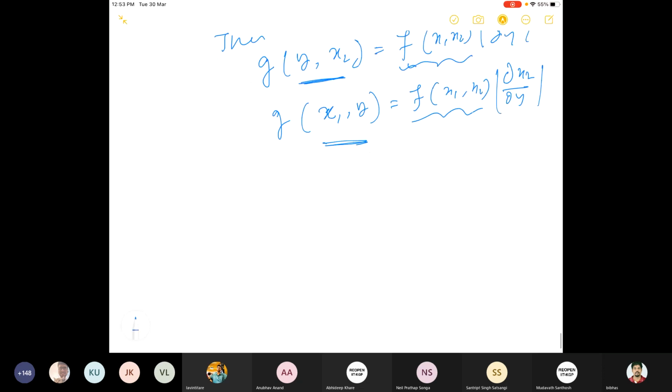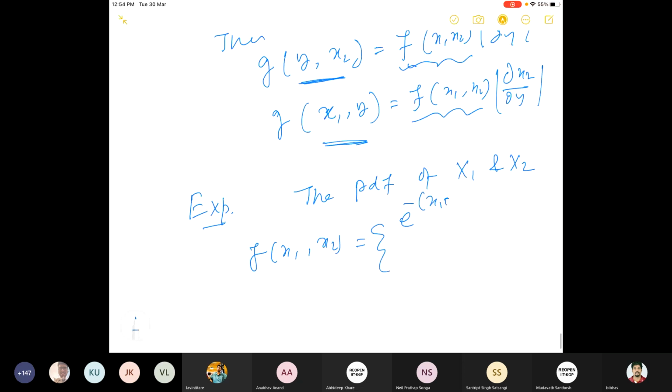Let us see an example. Let's say the joint PDF of x1 and x2 is given as e to the power minus (x1 plus x2), when x1 is bigger than 0 and x2 is bigger than 0, and 0 otherwise.